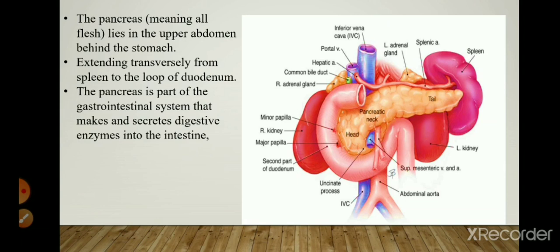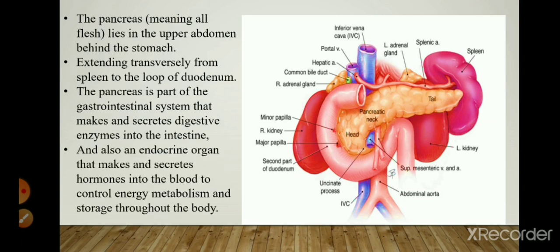Next point, the pancreas is part of the gastrointestinal system, as it secretes digestive enzymes which are involved in the process of digestion in the stomach and intestine.